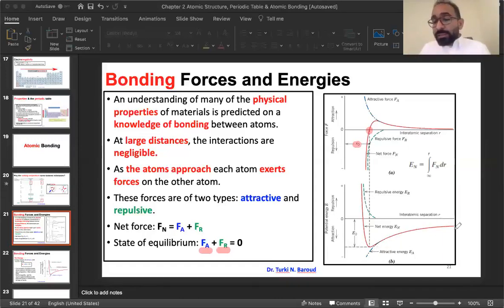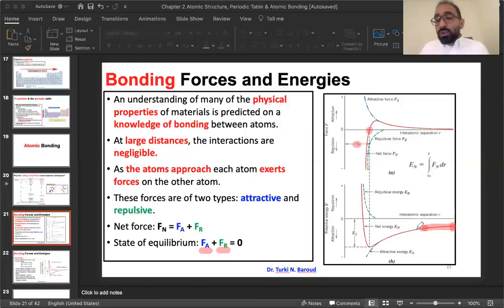You're going to notice that as the atoms are far away from each other, they have a certain energy between them. As you bring them closer to each other, the two atoms can minimize their energy, so the energy of the system will be lower. There's something telling them, let's come closer to each other.